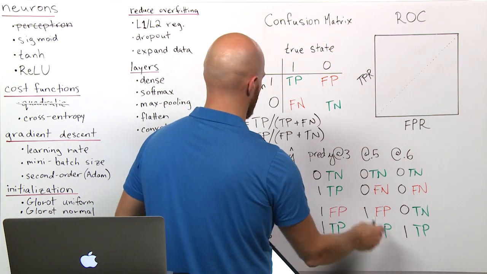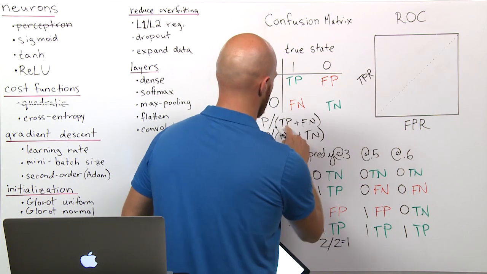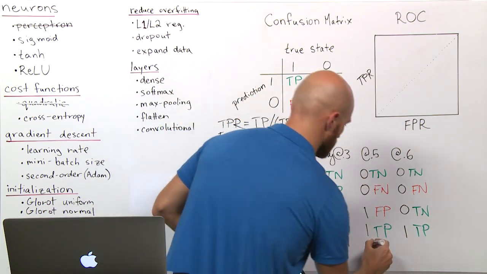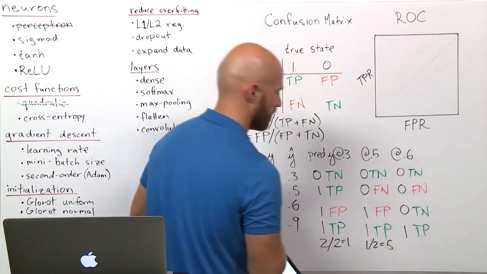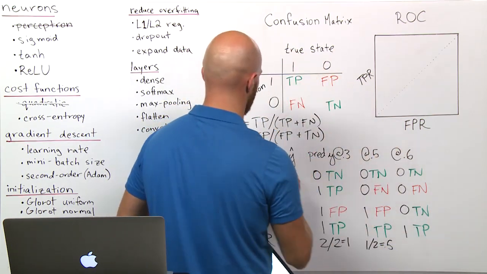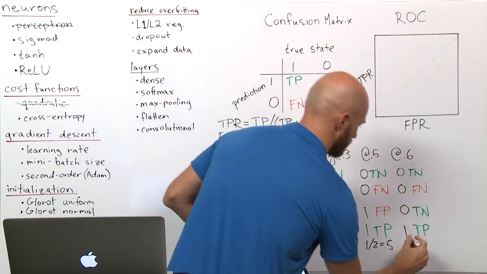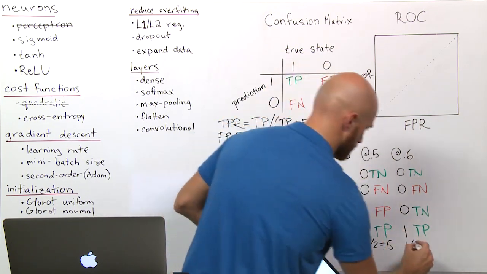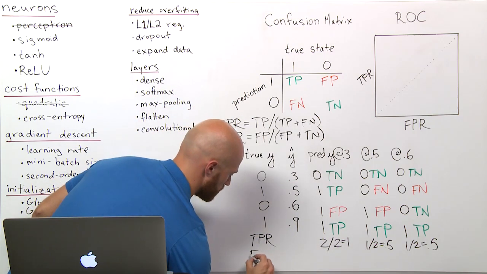For our true positive rate here, we have 1 true positive divided by 1 true positive plus 1 false negative. So this is 1 for 2, or 0.5. And then in this final column, we still have 1 true positive divided by true positives plus false negatives. So this is still half as well. So that's still equal to 0.5. And then finally, our false positive rate.